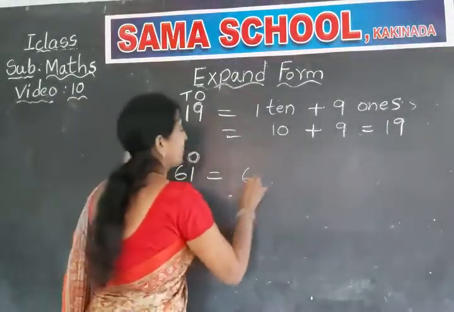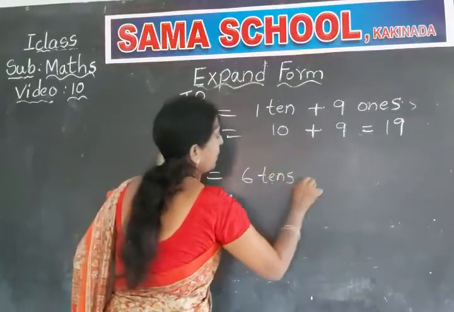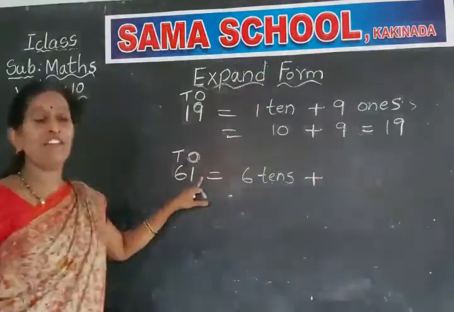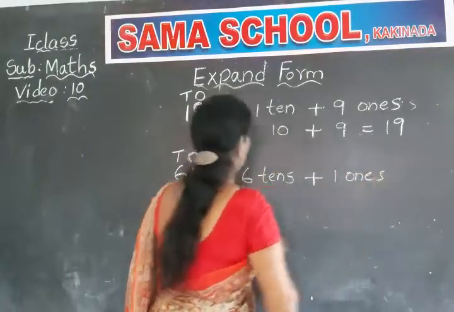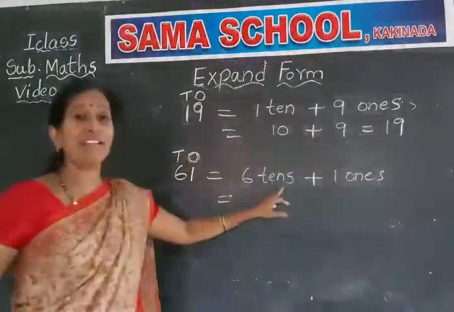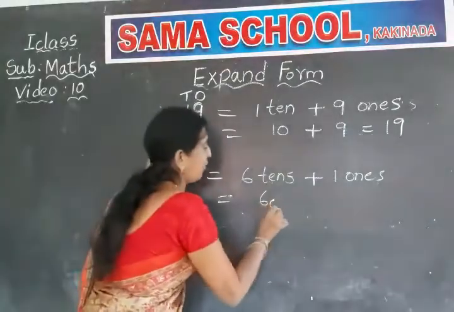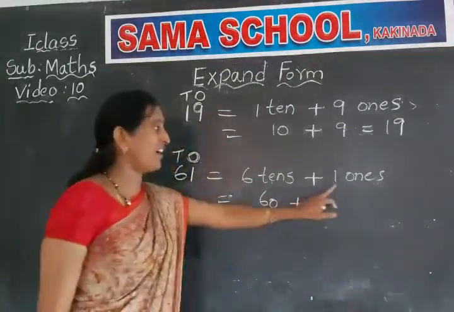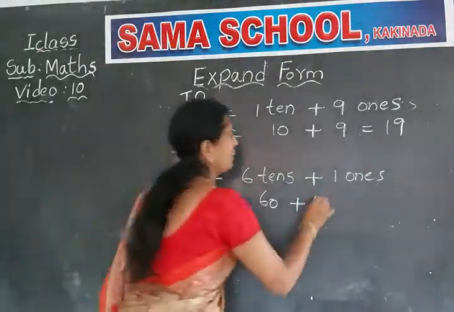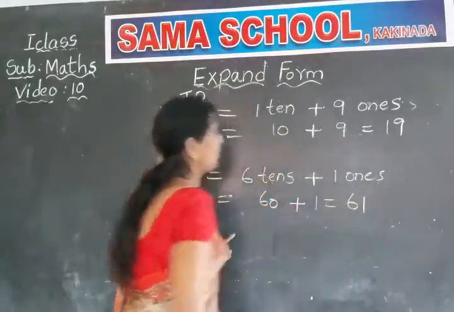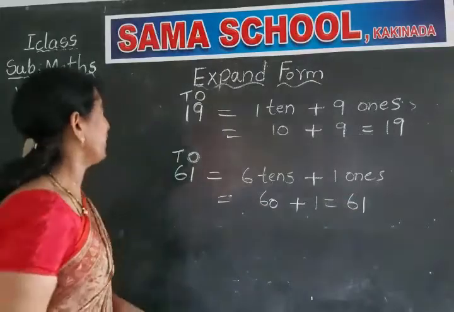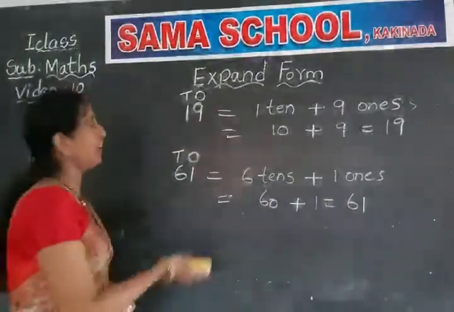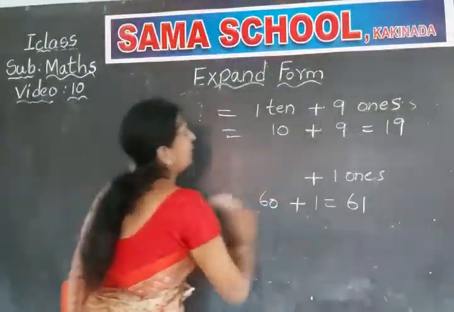Very good. Plus how many ones? 6 ones. Now 1 ten means 10. And how many ones? 6. So 10 plus 6, 16. That is the expanded form of the numbers.